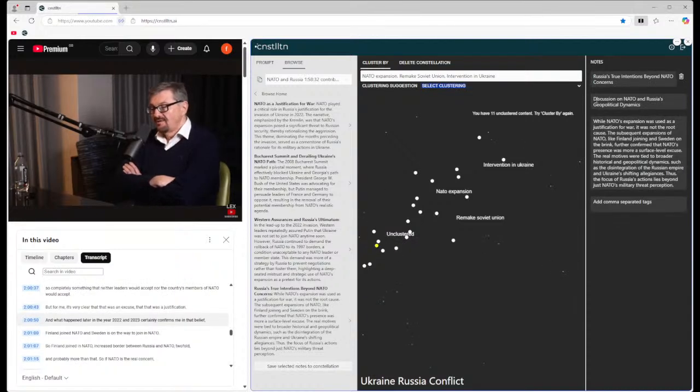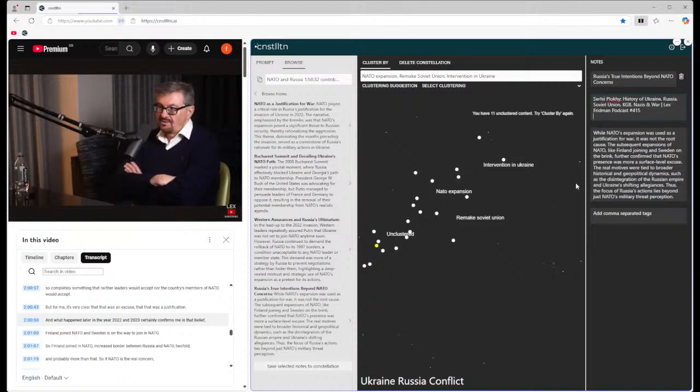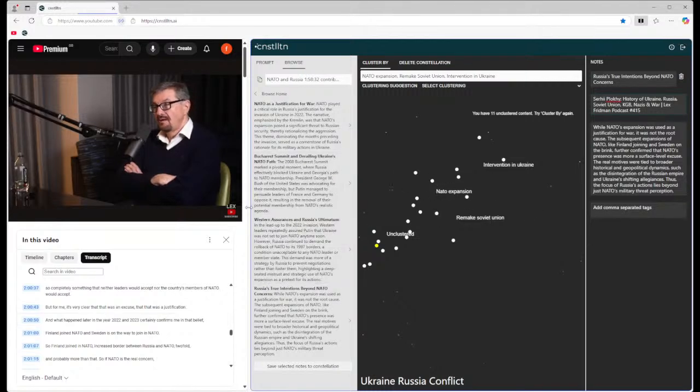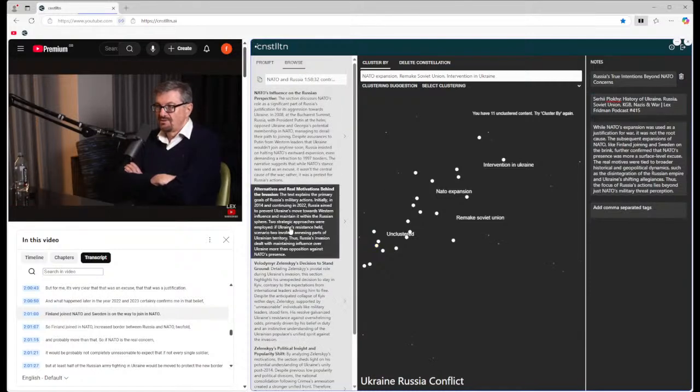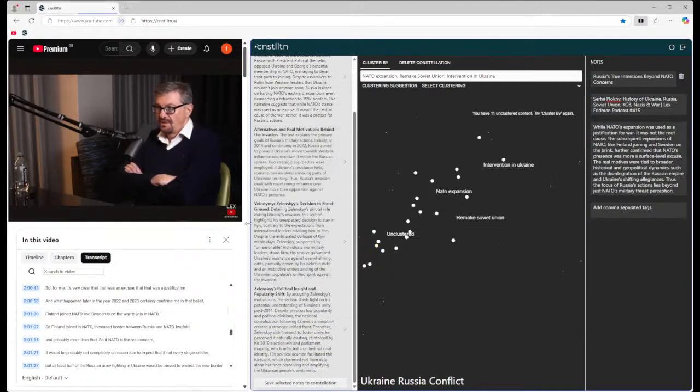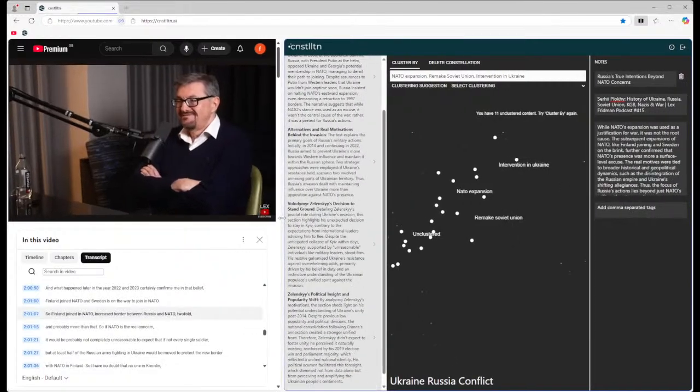And what happened later in the year 2022 and 2023 certainly confirms me in that belief. Finland joined NATO, and Sweden is on the way to joining NATO. So Finland joining NATO increased the border between Russia and NATO twofold and probably more than that.